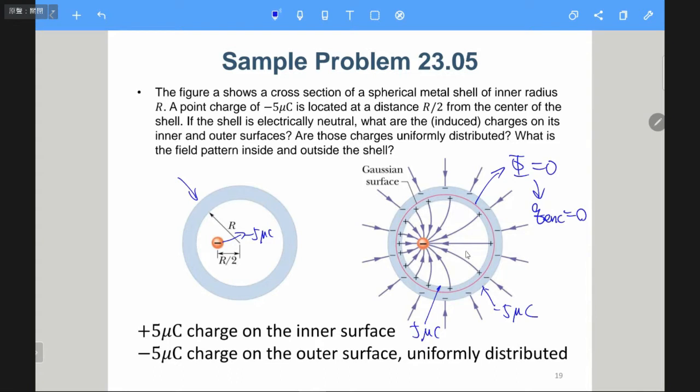It is a bit strange, but not so important. Maybe you need to use some computer simulation software to verify whether it is distributed like this. Uniform distribution is a bit strange, but it makes some sense because if you also try to define some Gaussian surface outside, you will find the E field should be uniform.